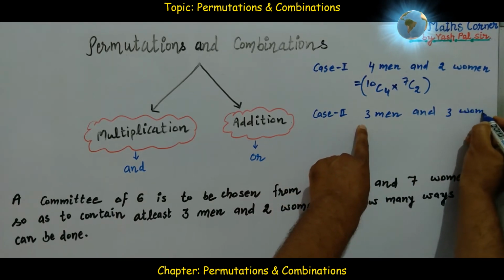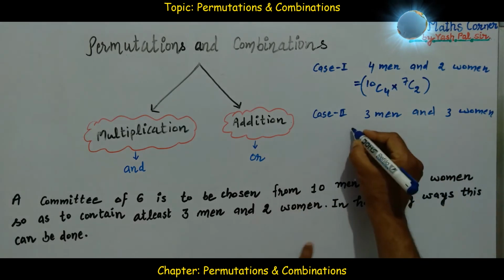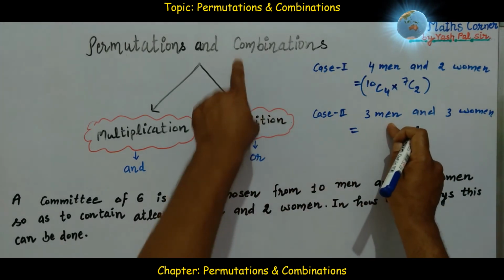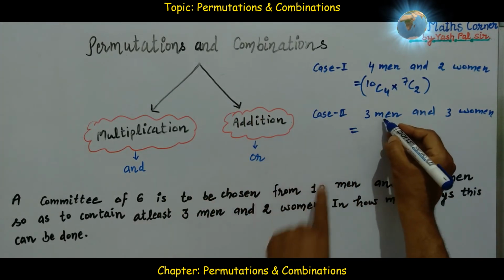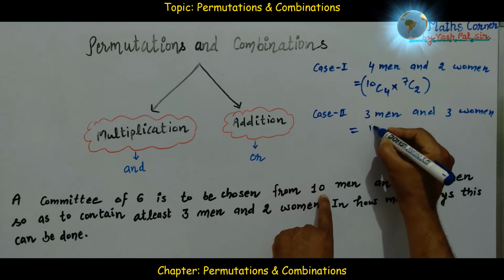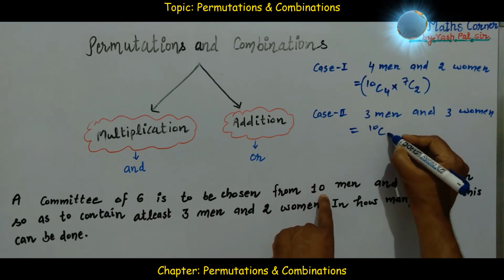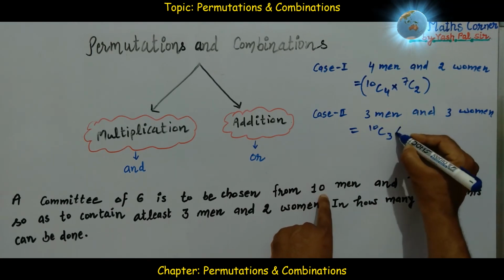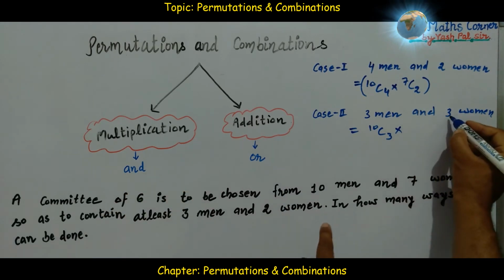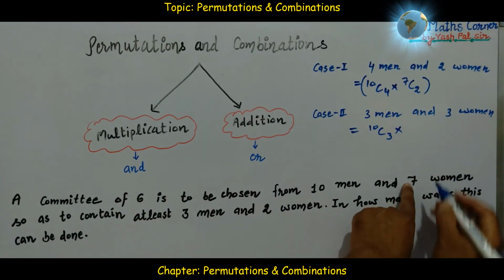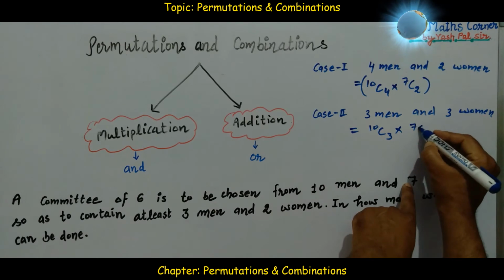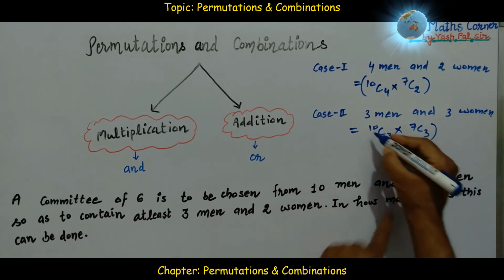How can this be written with the help of the combination rule? How many men are there? 10. Out of 10 men, 3 are chosen, and, multiplication, 3 women out of 7. Out of 7, 3 are selected.